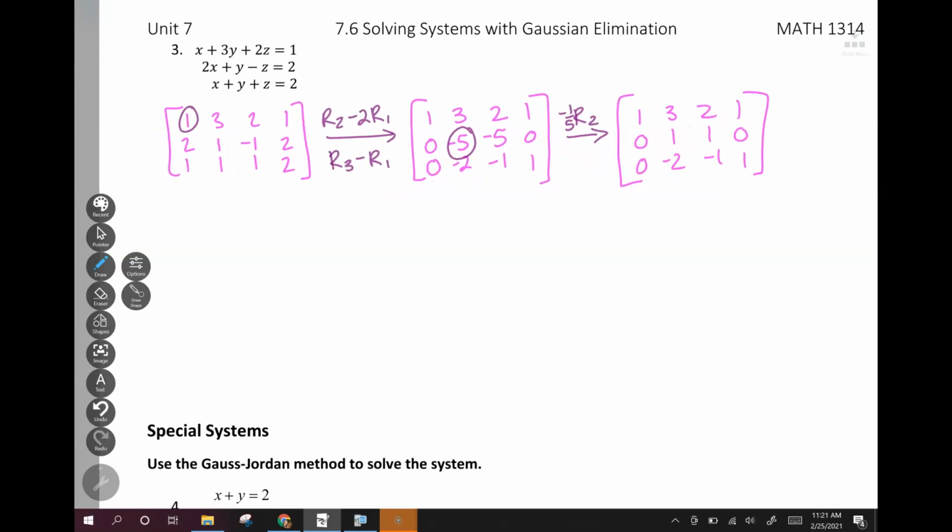The next thing you want to do is get a 0 below that. So getting a 0 below that 1, I'm going to do row 3 plus 2 of row 2, because negative 2 plus 2 will give me 0.